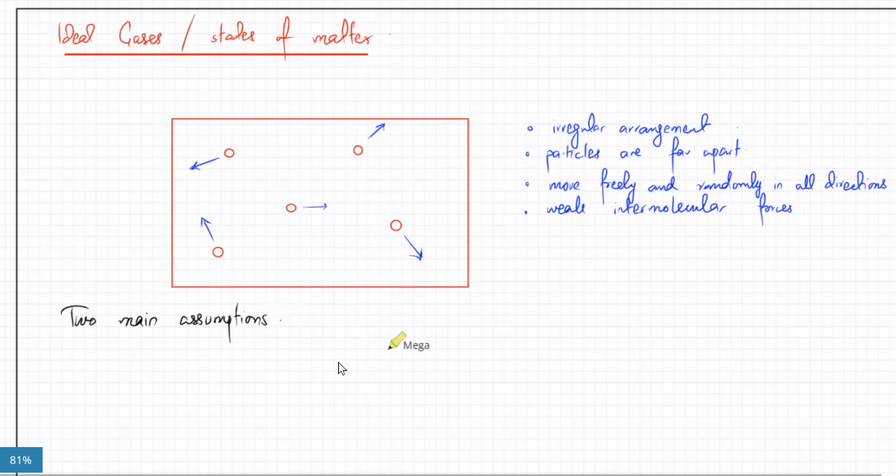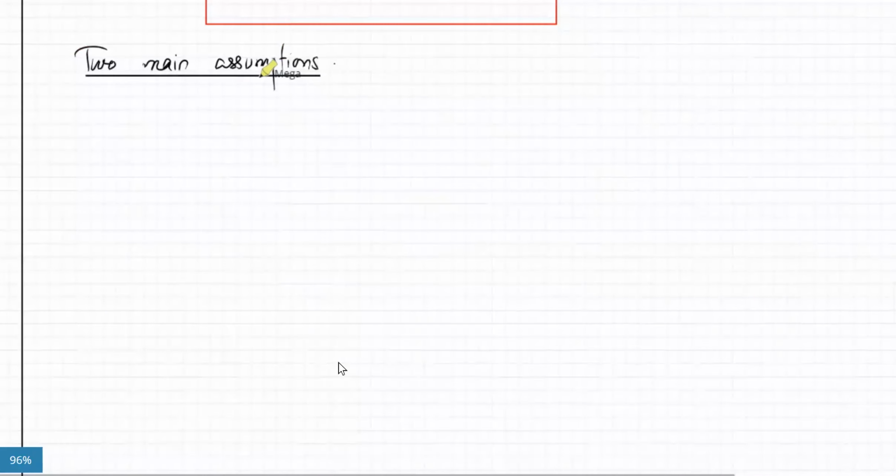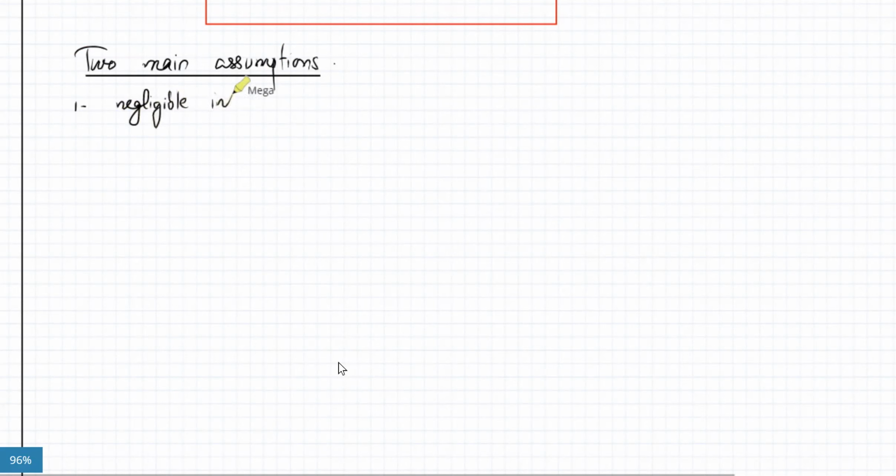Let's talk about those two main assumptions. The first one, which we already talked about, is that they have negligible intermolecular forces. That's your first main assumption.